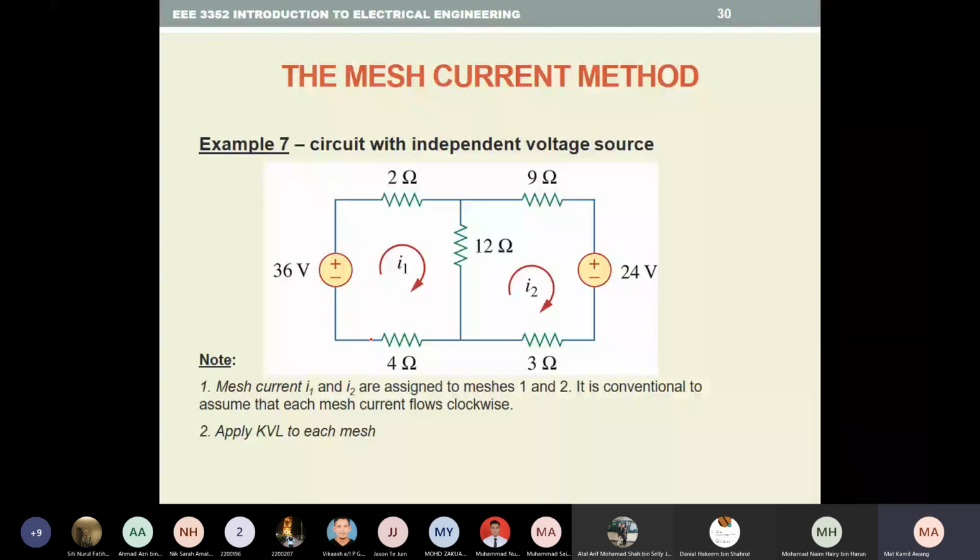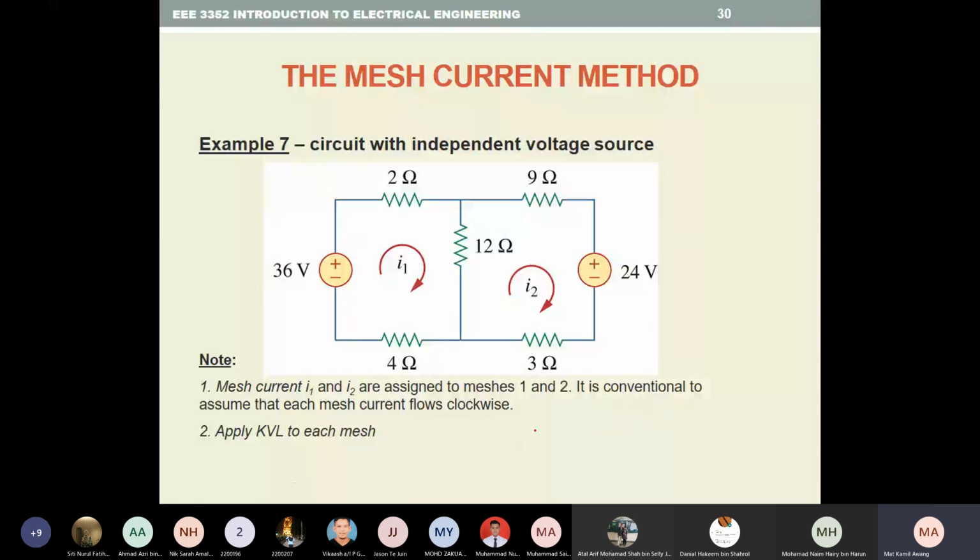So mesh currents I1 and I2 are assigned to meshes 1 and 2. It is conventional to assume that each mesh current flows clockwise. Even though I2 could go anti-clockwise, the question assumes that all are clockwise.